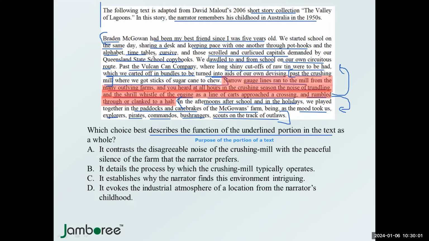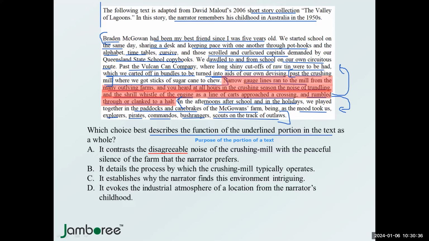Now let us start eliminating. Option A says it contrasts the disagreeable noise of the crushing mill with the peaceful silence of the farm that the narrator prefers. So many things are wrong in this option. The text does not give me any hint that this noise is disagreeable for the author.